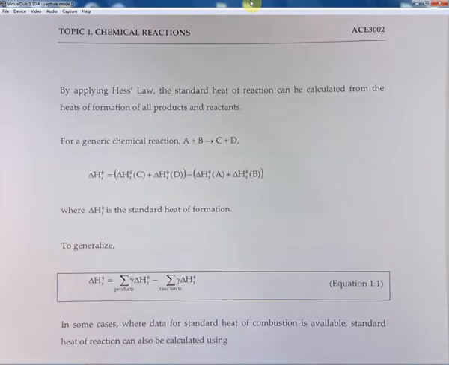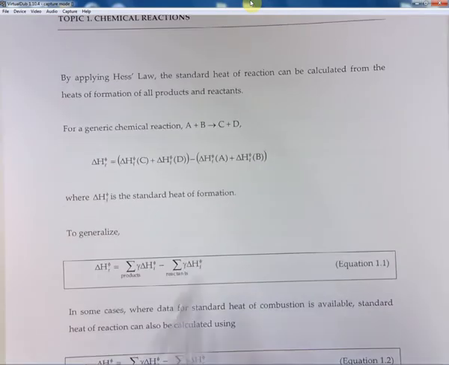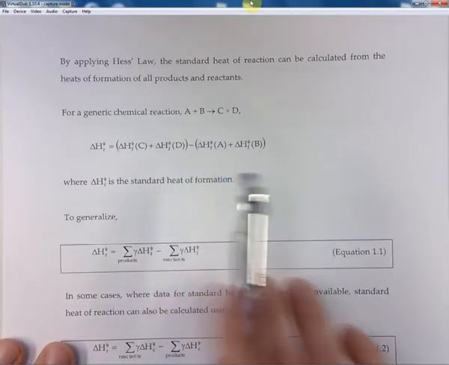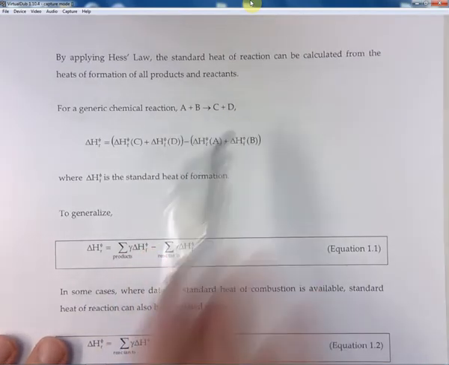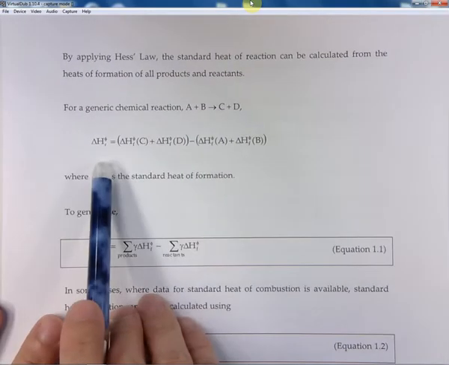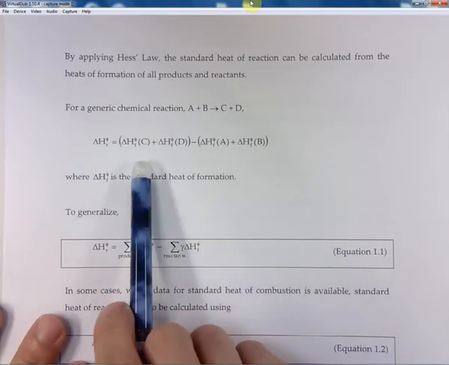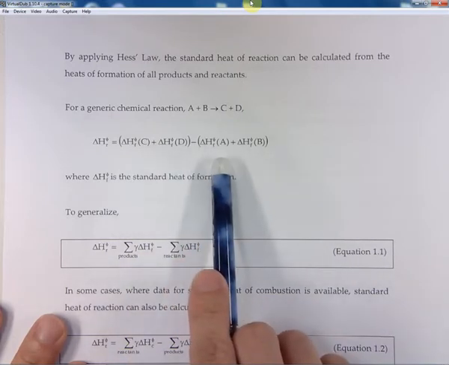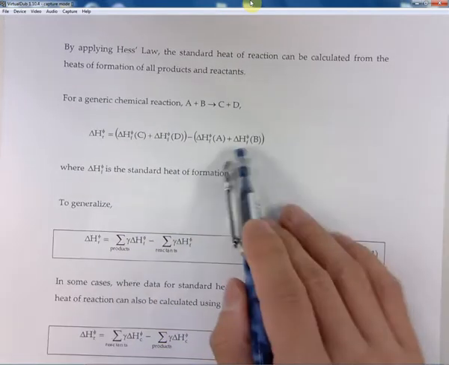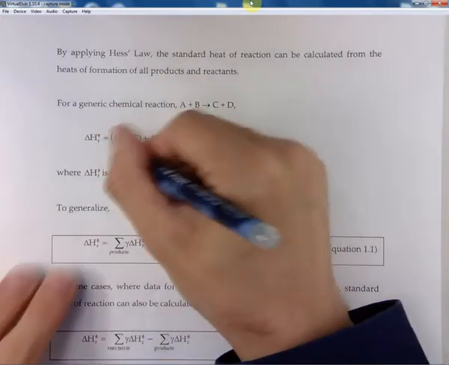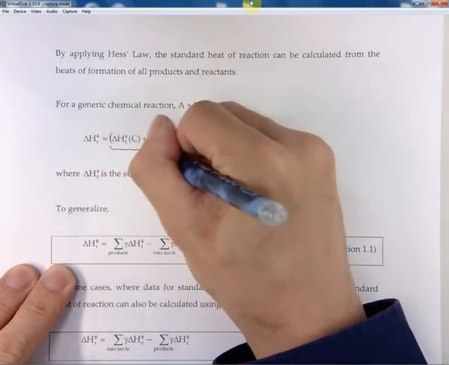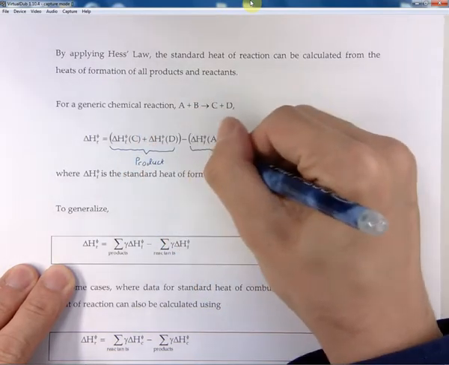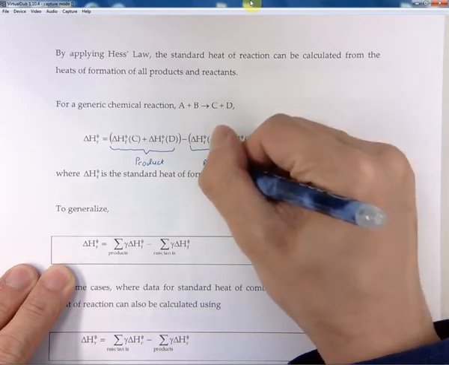So we can apply Hess's law, where the heat of reaction is calculated by a generic form. For example, A plus B to give C plus D. The heat of reaction is the heat of C plus the heat of D, minus the heat of A plus the heat of B. This is your product, whereas this is your reactant.